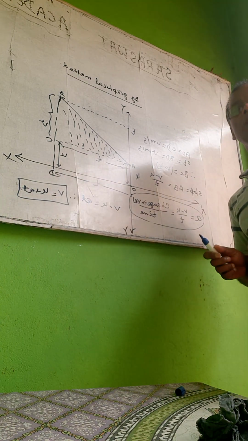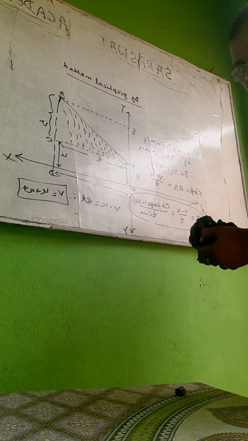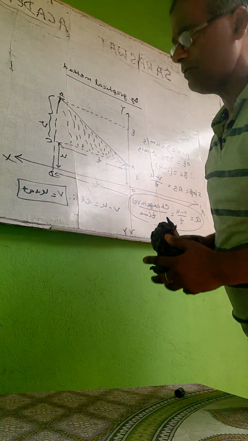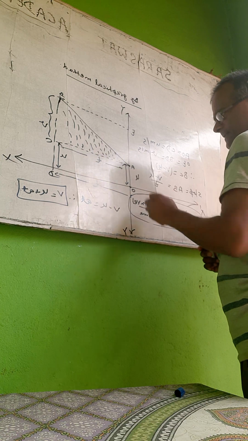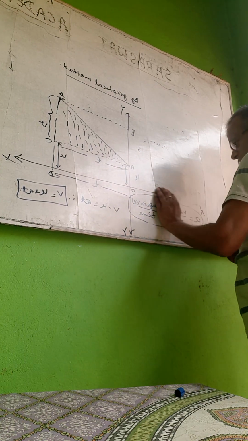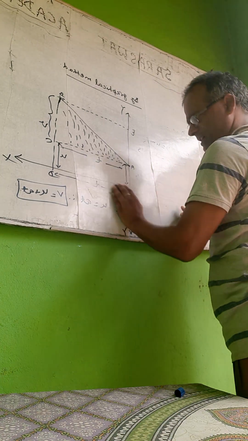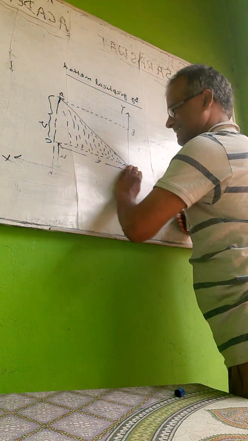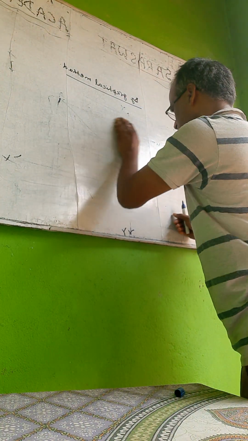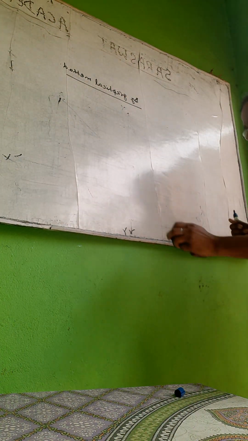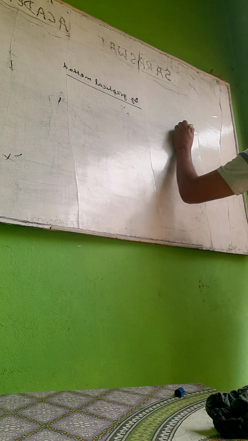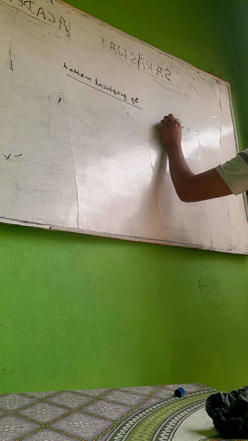Similarly we can find the value for the second case. For the second equation we again draw this graph, and we solve s equal to ut plus half at square.